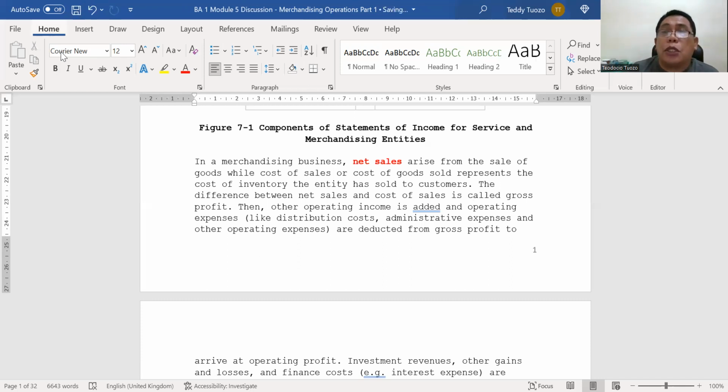All these new terms that we are going to encounter in Module 5 will be discussed in a later part of this module.